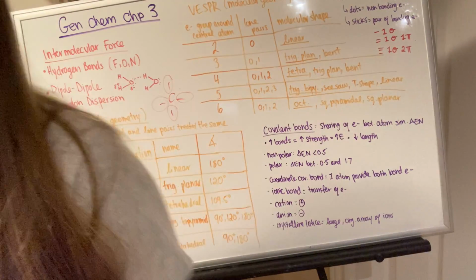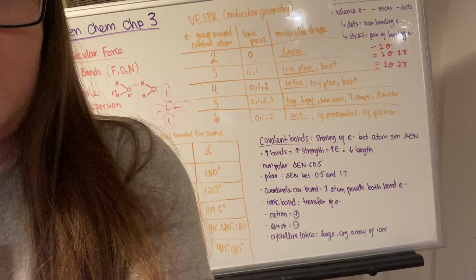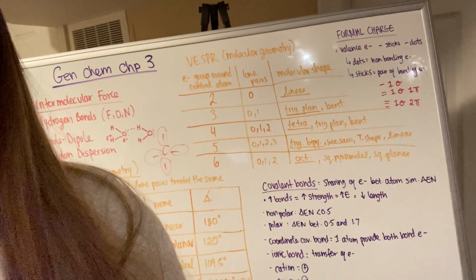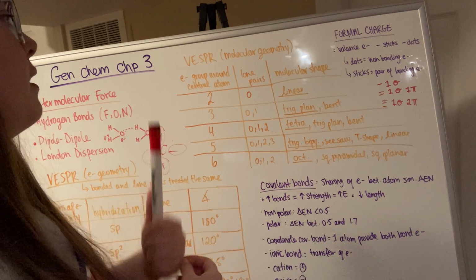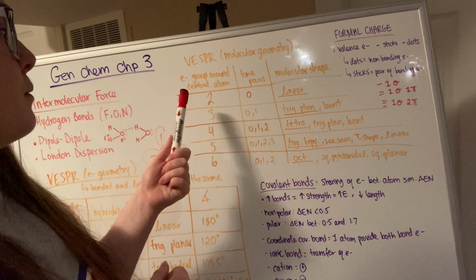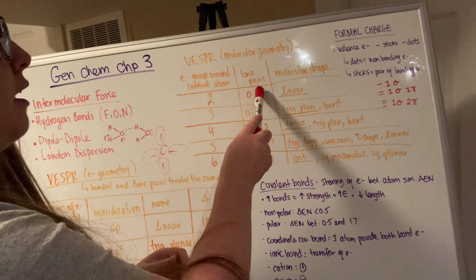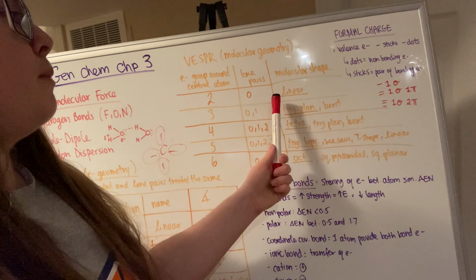So next, we're going to take a look at the VSEPR theory for molecular geometry. If we have 2 electron groups around a central atom and no lone pairs, that means it will be linear.